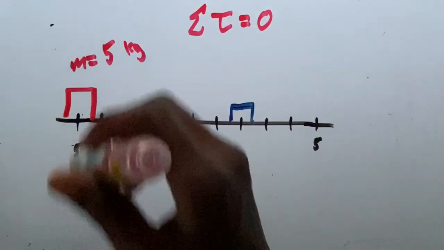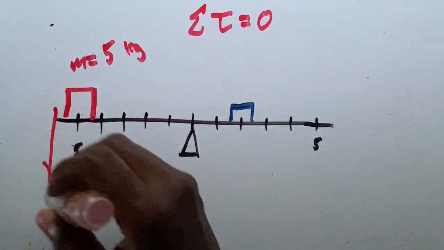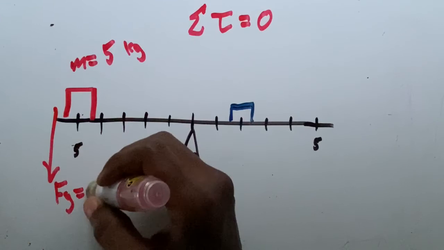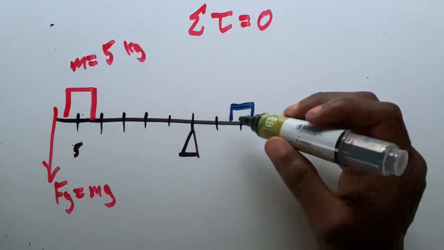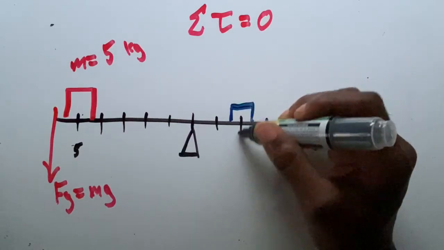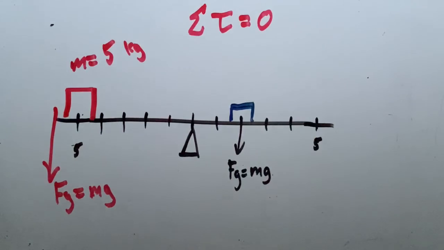Each one of these blocks is causing a torque. This block is pulling downwards with some force of gravity, which is equal to mg. And this block is also pulling downwards with a force of gravity, also equal to mg.